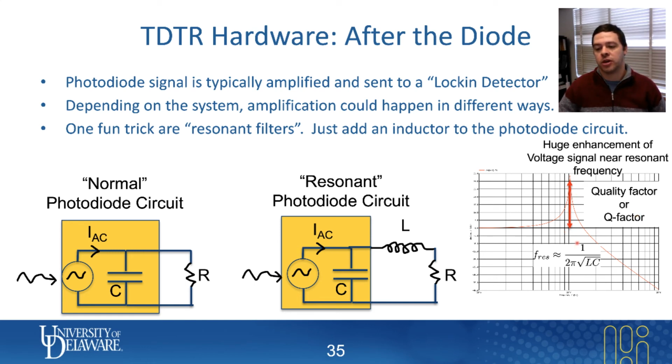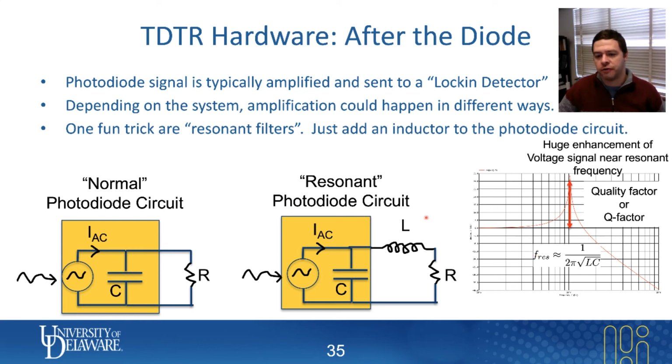And the resonant frequency can be at least estimated using a relatively simple formula. So, for example, I have it written here on the bottom. If you buy a biased photodiode, typically the manufacturer will tell you the capacitance of that junction, so you'll typically know the value of C. Then you can choose the value of the inductance L that gives you a resonant frequency approximately in the right area that you're looking for.